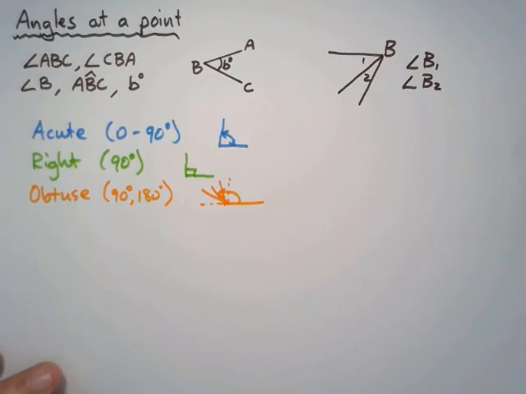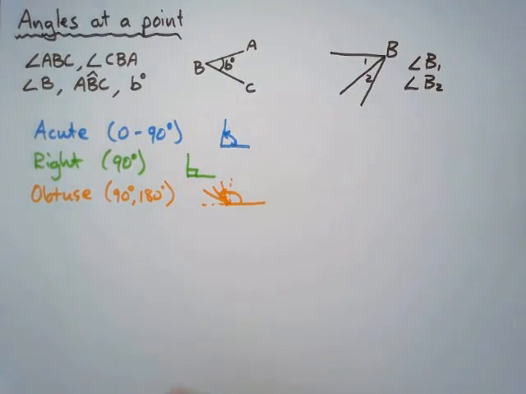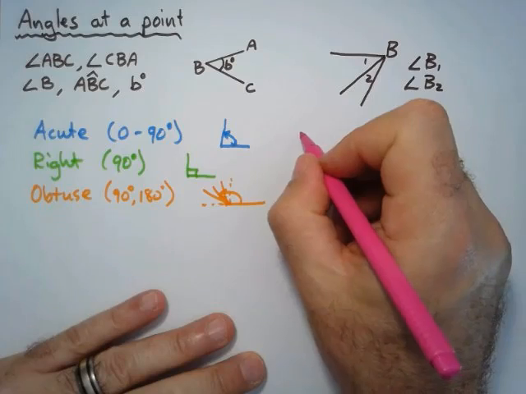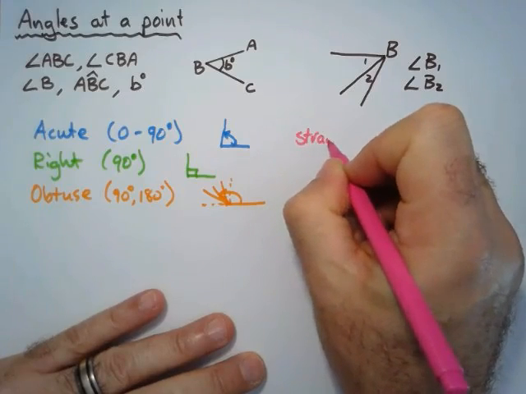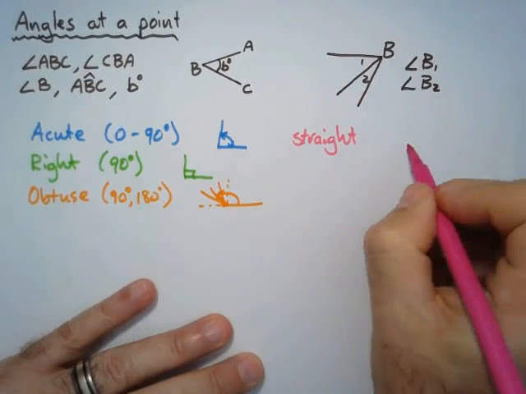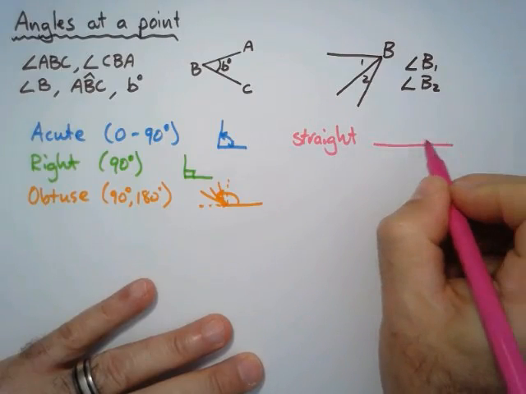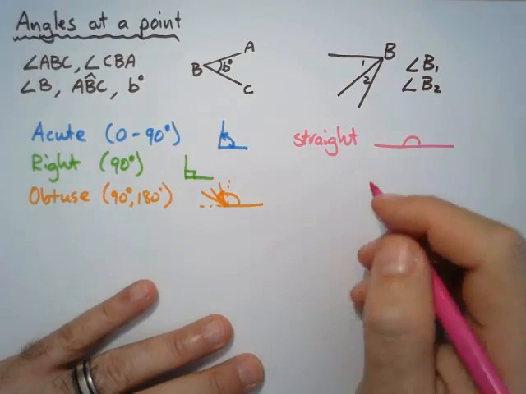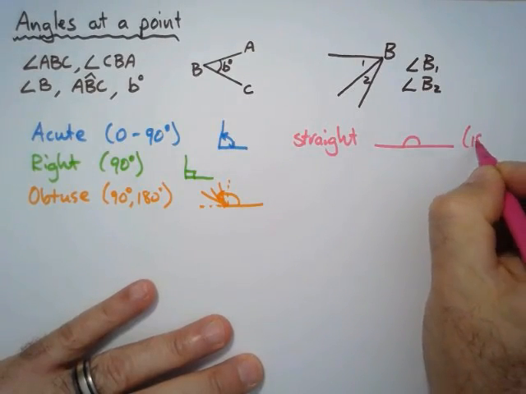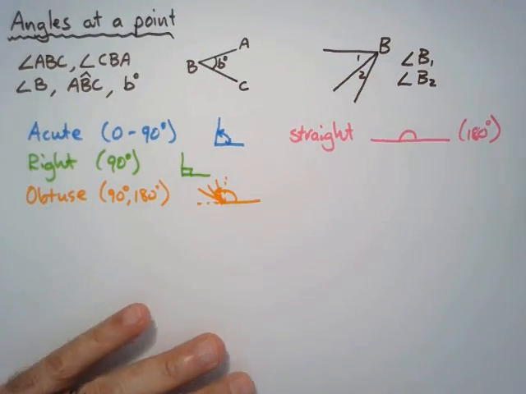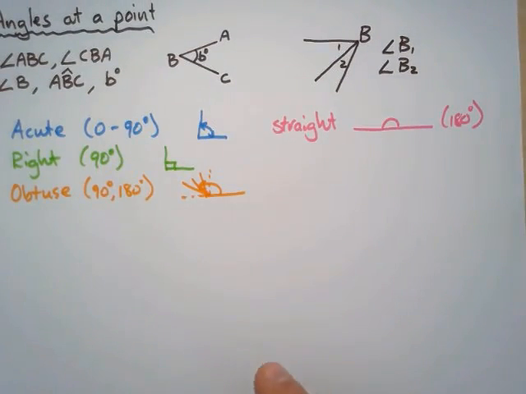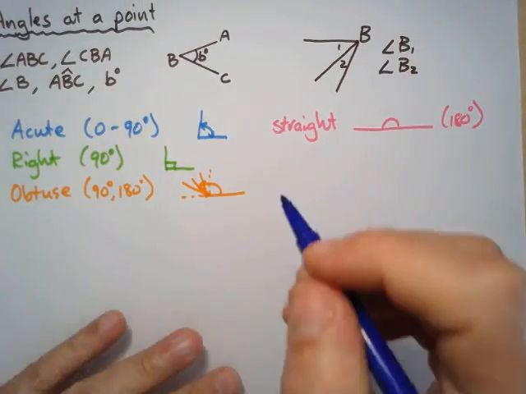Next one is a straight angle. I'm just going to go next so that we can have space to write. So I'm going to say this is a straight angle. A straight angle is exactly 180 degrees. Then if we go past that angle, all the way past that angle will give us a reflex angle.